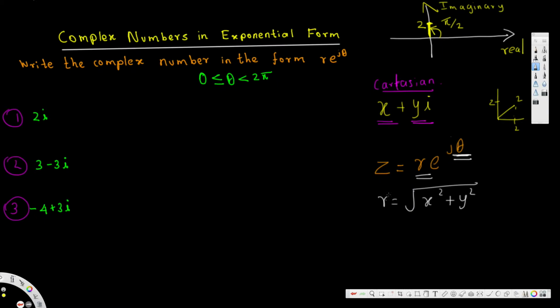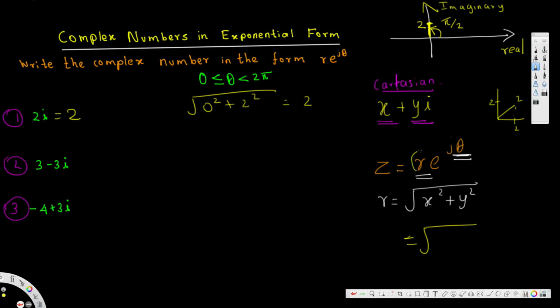Actually, there's a y-axis here, I'm sorry about that. There's a y-axis, that is 2. We don't have the x-axis, so x is 0, but y is still there. 0 square plus y square, that is 2 square. We will get the square root of 4, that is 2. So the r is 2.